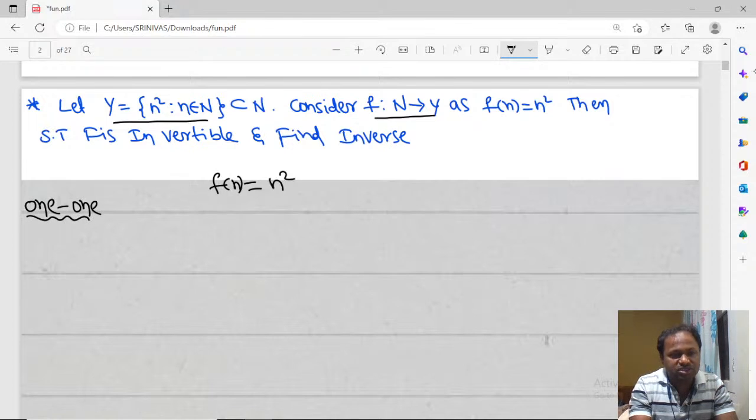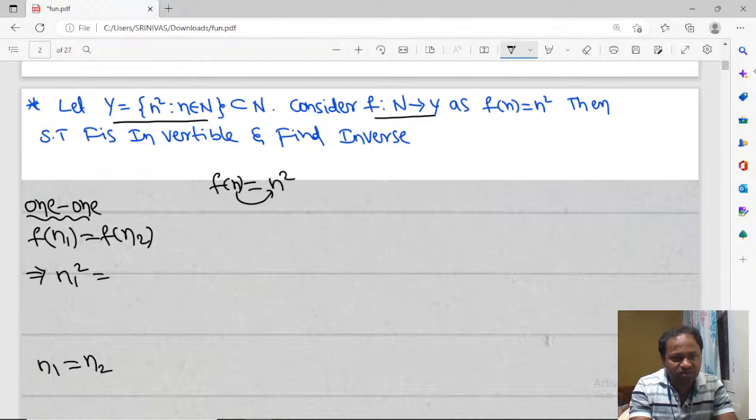So the function f maps images, I will take n's form. f of n1 is equal to f of n2 implies what we need to get? n1 is equal to n2. It is very easy. f of n means n square, so n1 square is equal to n2 square.